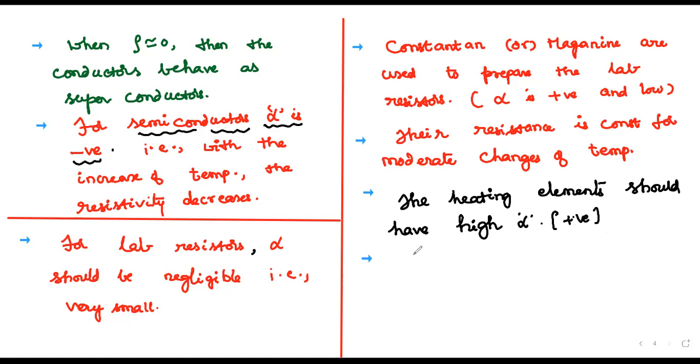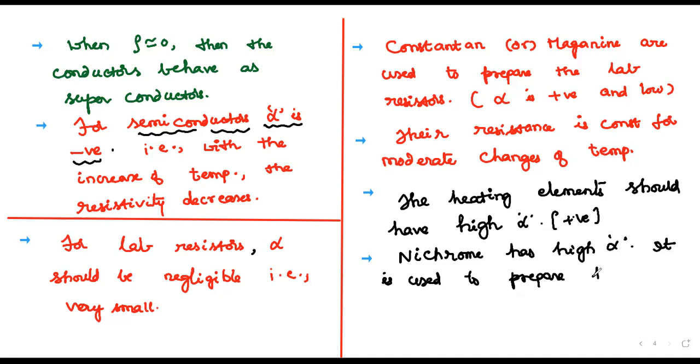An alloy does, nichrome. Nichrome has high alpha, so it is used to prepare heating elements. That is why we use a nichrome spring.